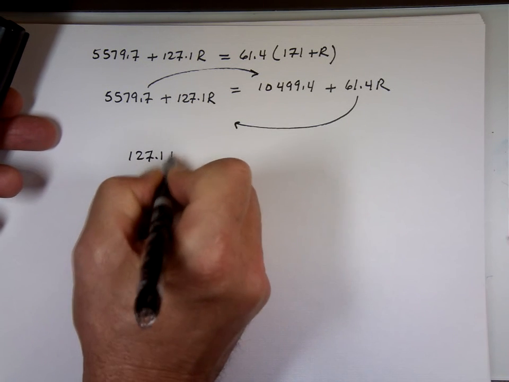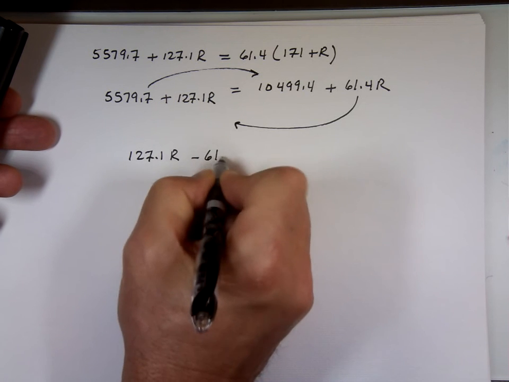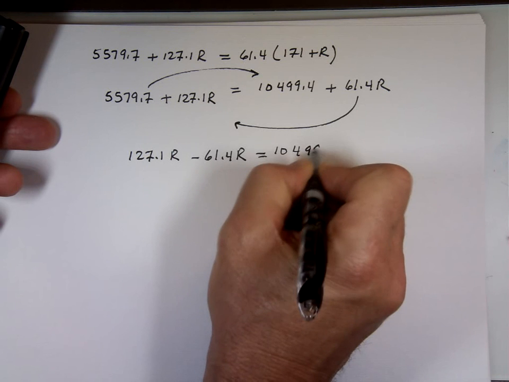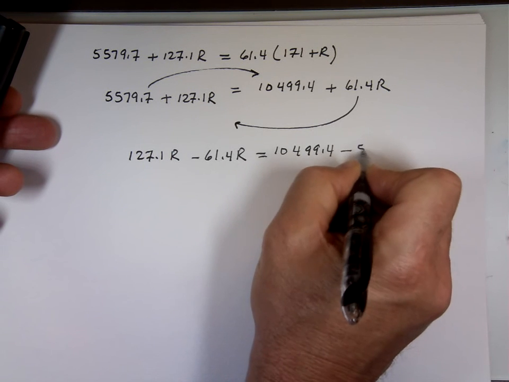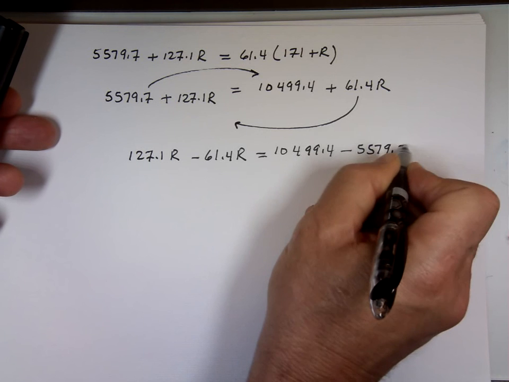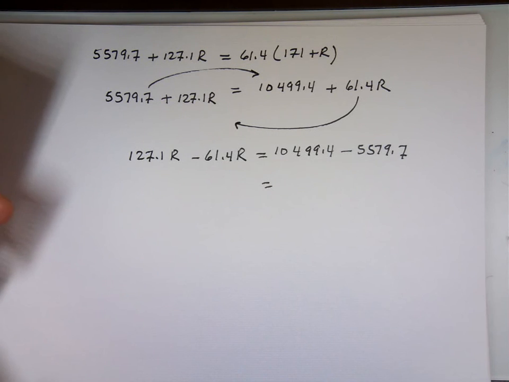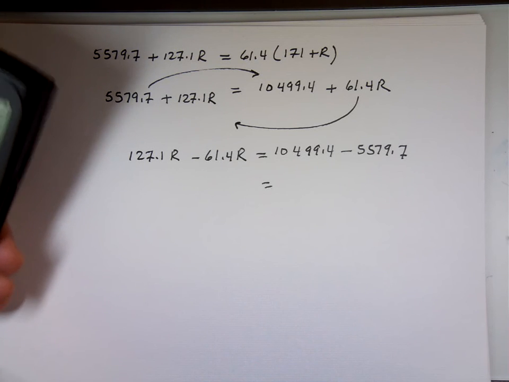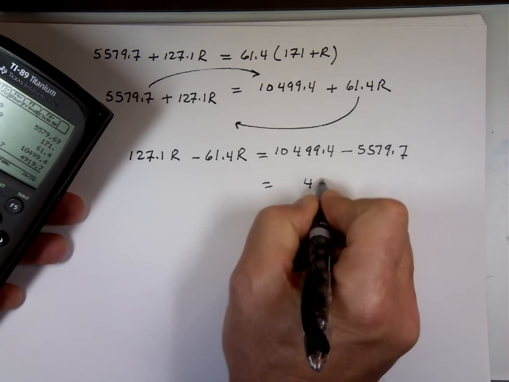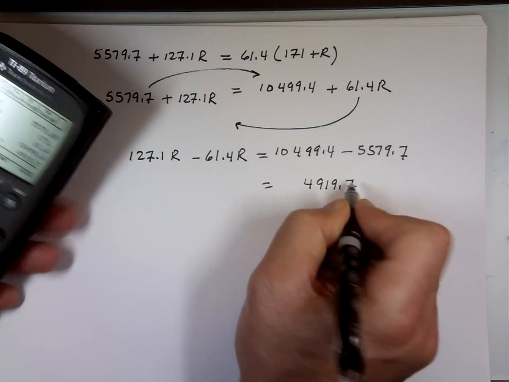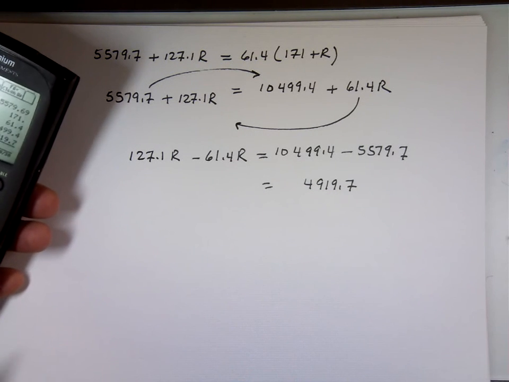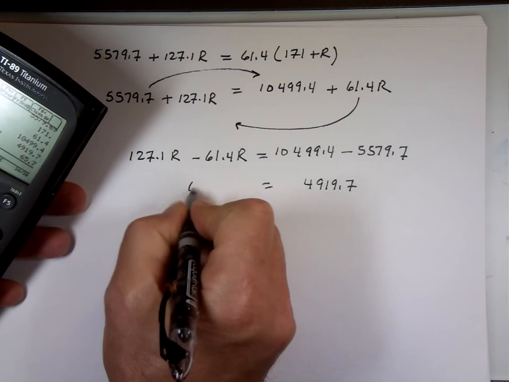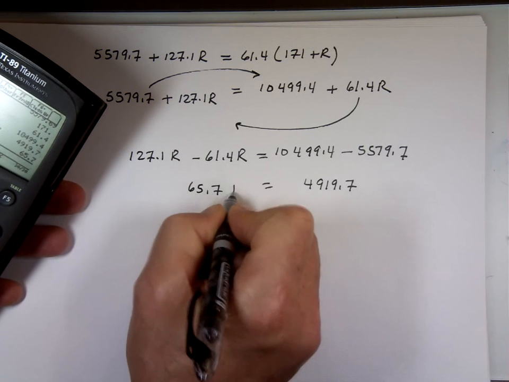127.1R minus 61.4R equals 10499.4 minus 5579.7. Do the right side, we have 4919.7. 127.1 minus 61.4, 65.7R, and to get R is going to be what?